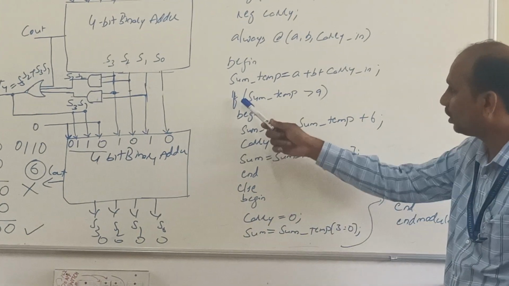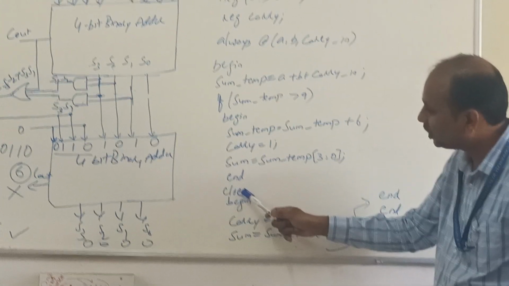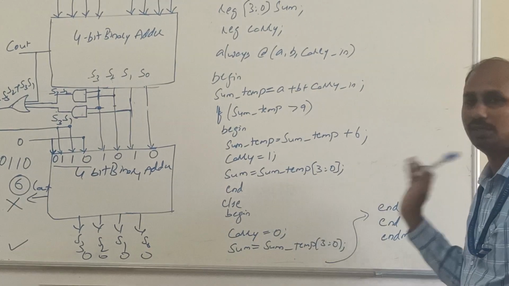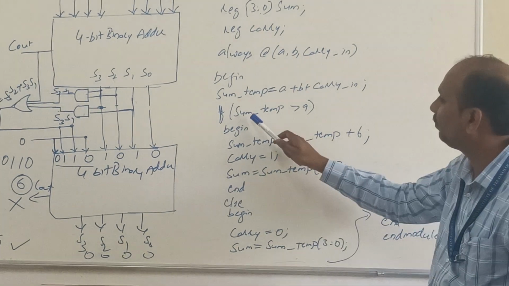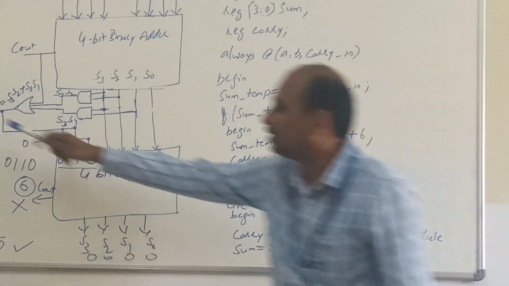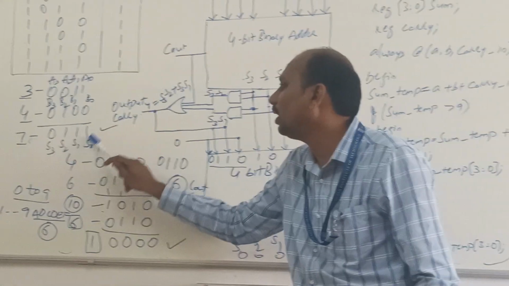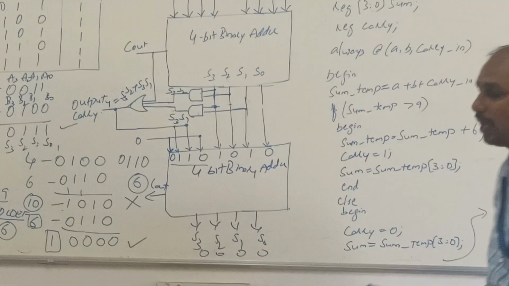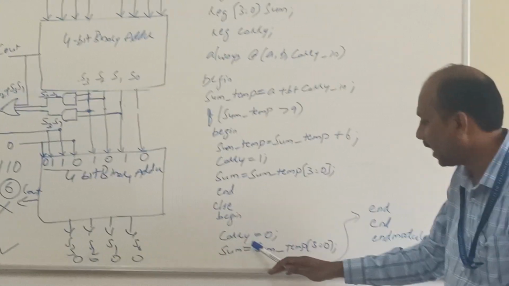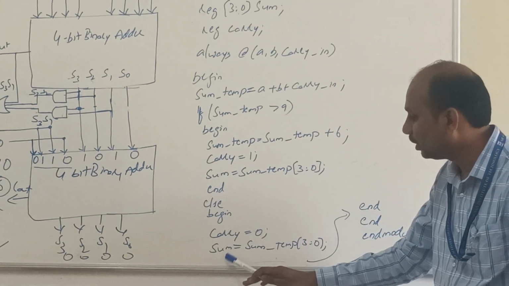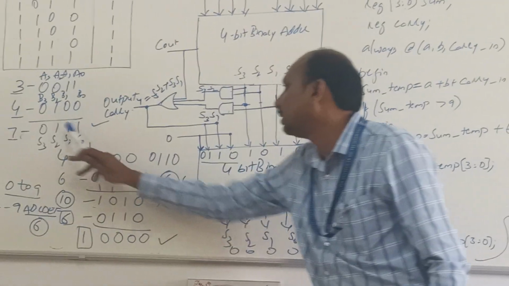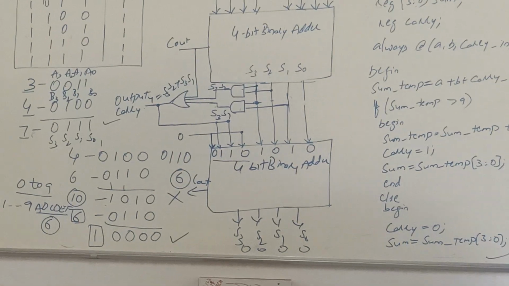Next, for this if there is an else part, so in the else part, begin. Now I am making carry equals 0. If the sum is not greater than 9, then I am going to have only this number. No carry is generated there, so carry will be 0 always. So carry is 0, and what will be the sum? Sum equals sum underscore temp. Whatever sum is stored here, the same value I am going to store in sum.